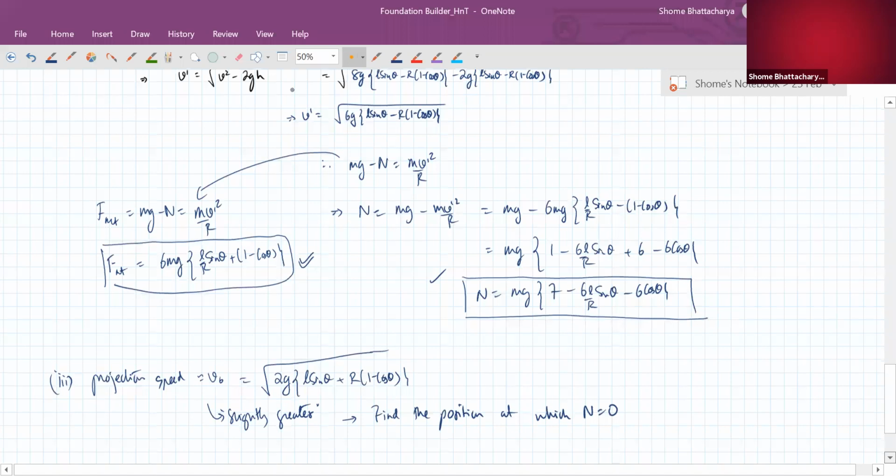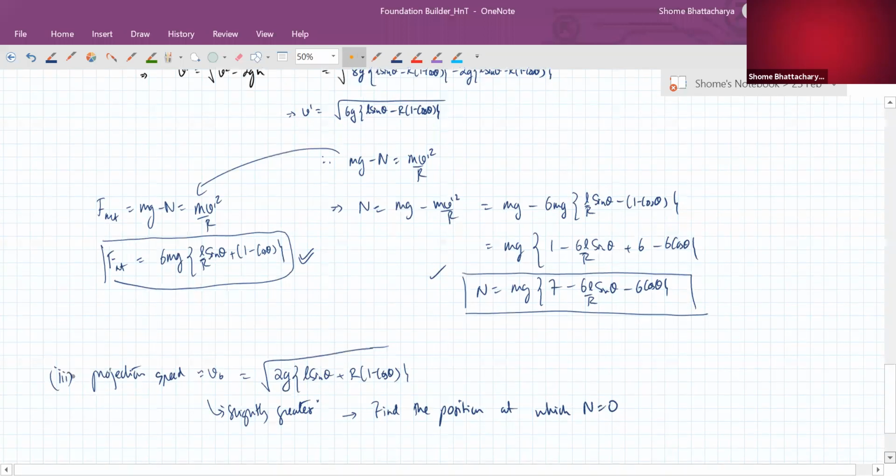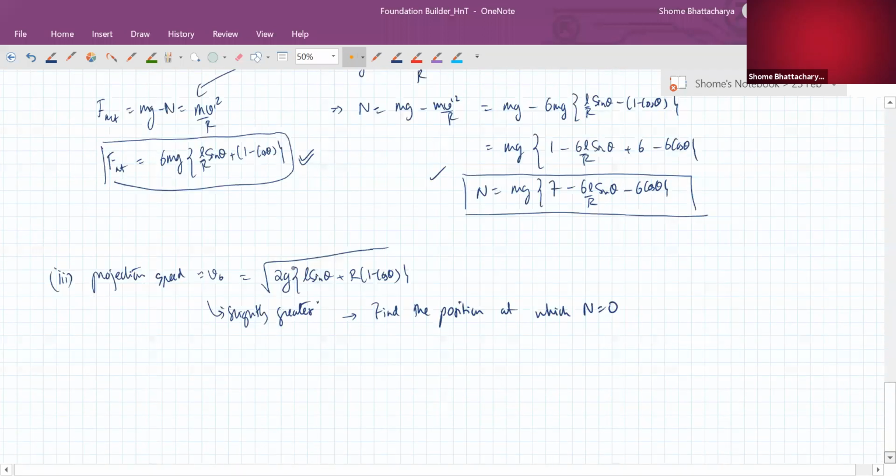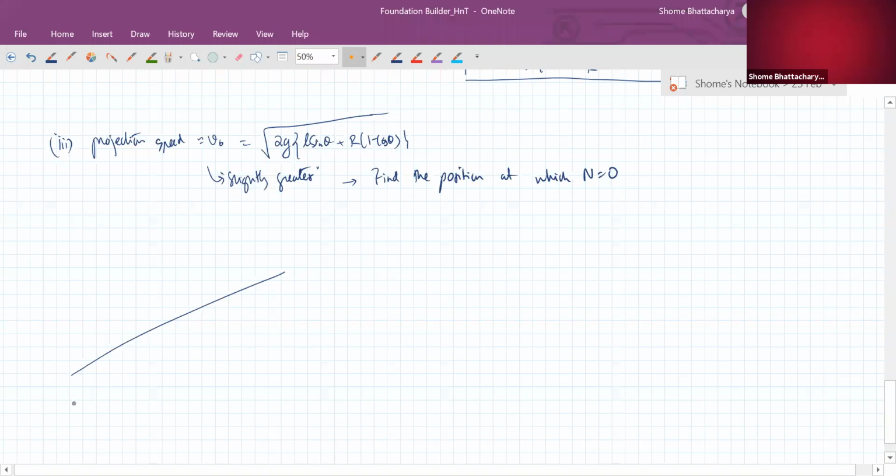Instead of solving the work energy relation that way, now because it's slightly greater than V naught, we assume the particle reaches the top point of the circular part of the track with a speed, let's say u, which will be slightly greater than zero, because the speed that we are giving here is slightly greater than V naught.